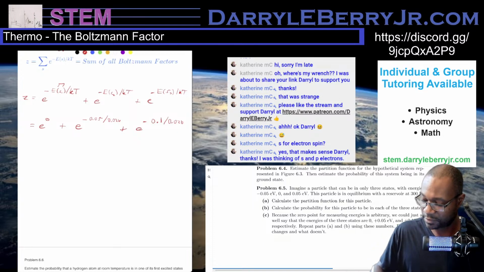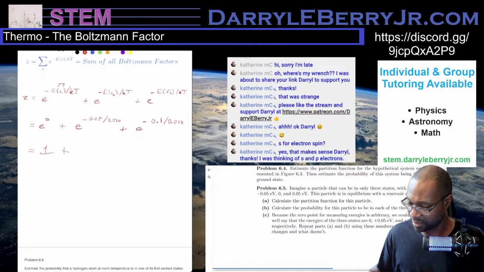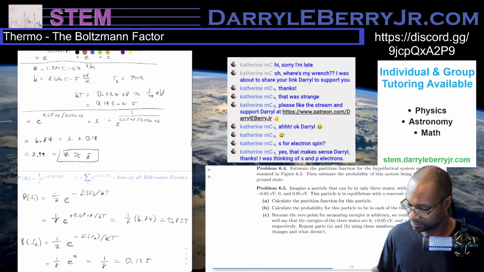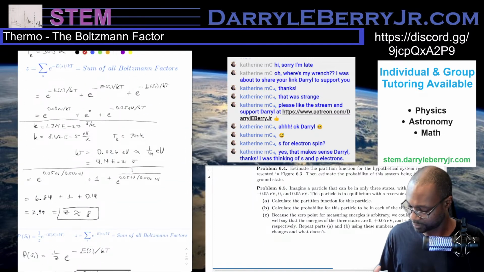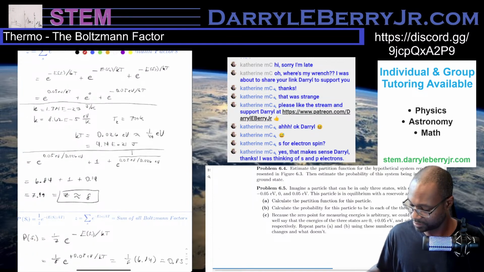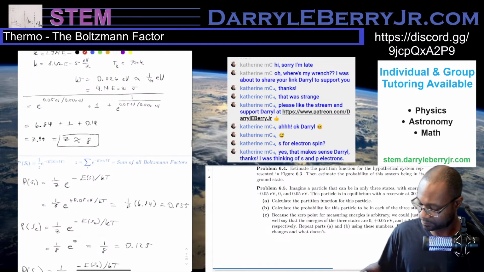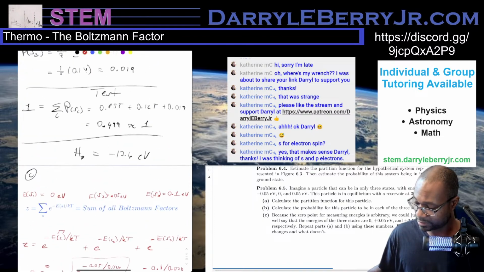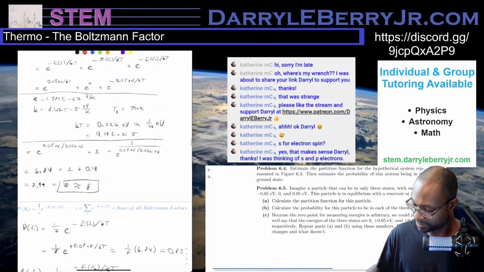So we have 1 plus. I'm pretty sure I calculated this one earlier. This is the same value for that. So this is about 6.8. Nope, actually, hold up. It's negative. So it'd be the 0.141. So it's negative. So this is 0.14. So again, all I did was recognize that this is this.